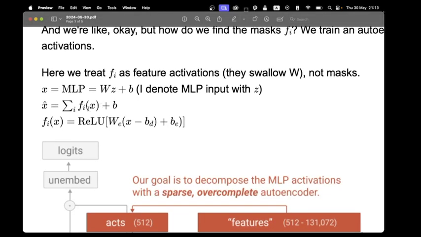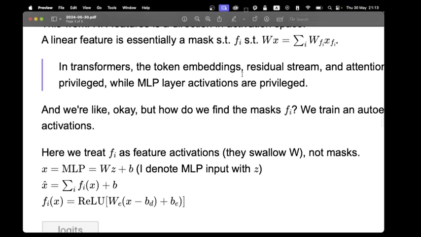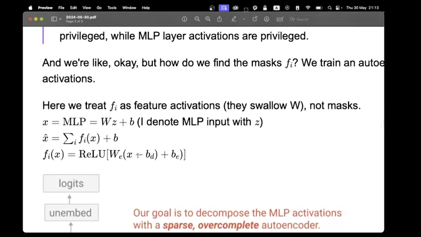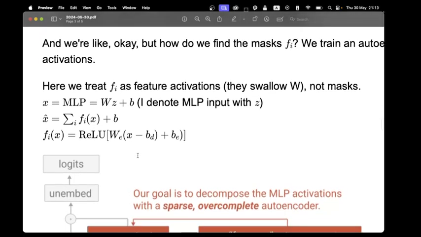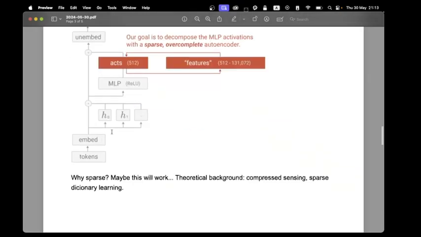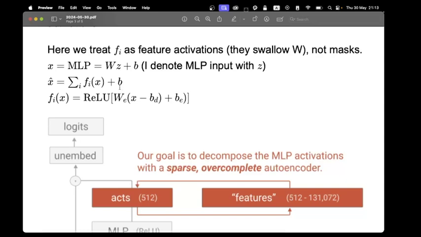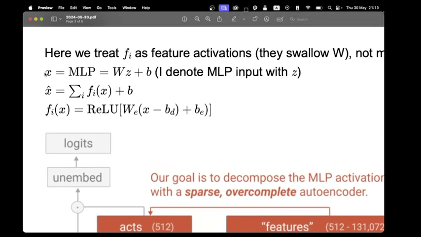So f of x, these are those wx chunks. I don't have the loss here, but basically we are minimizing reconstruction error, just the difference between x hat and x.